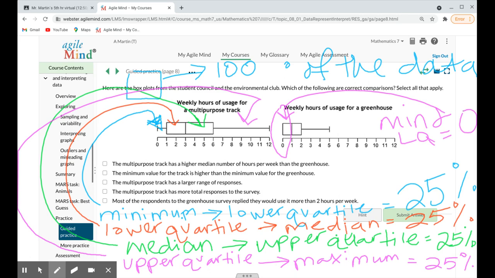So in case you ever have anything strange that shows up like this one, everybody needs to understand that this is the median. And everything to the left of the median would be 50% of your data. Everything to the right of that median would be 50% of the data.